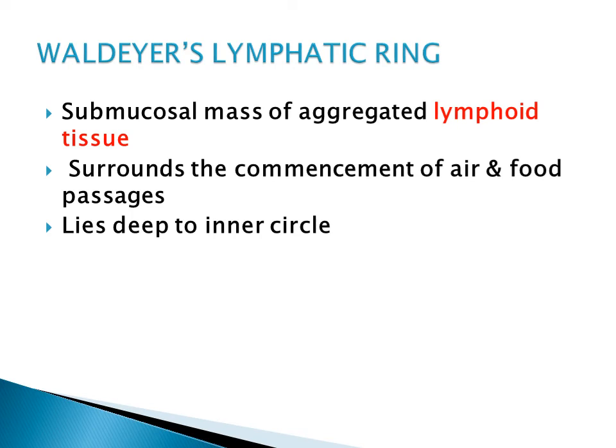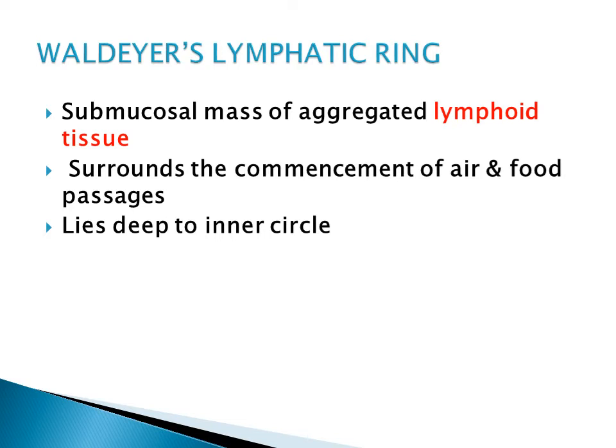Now we will talk about the inner circle of the superficial group of lymph nodes. We said there are cervical groups, of two types: a superficial group and a deep group.